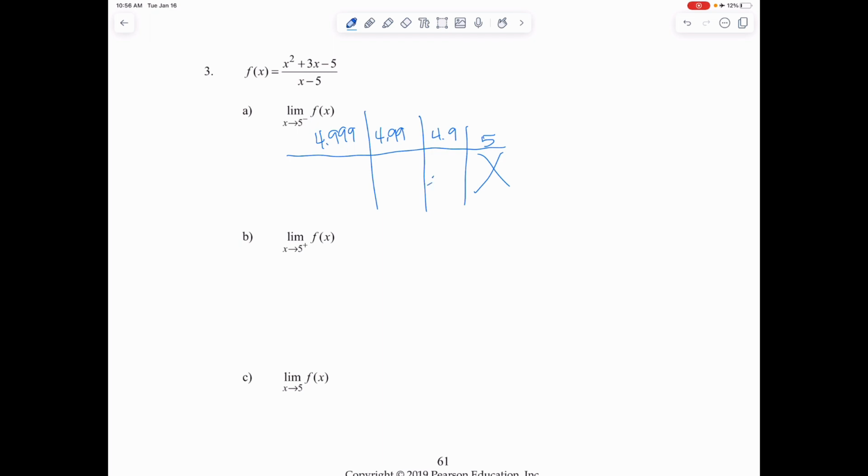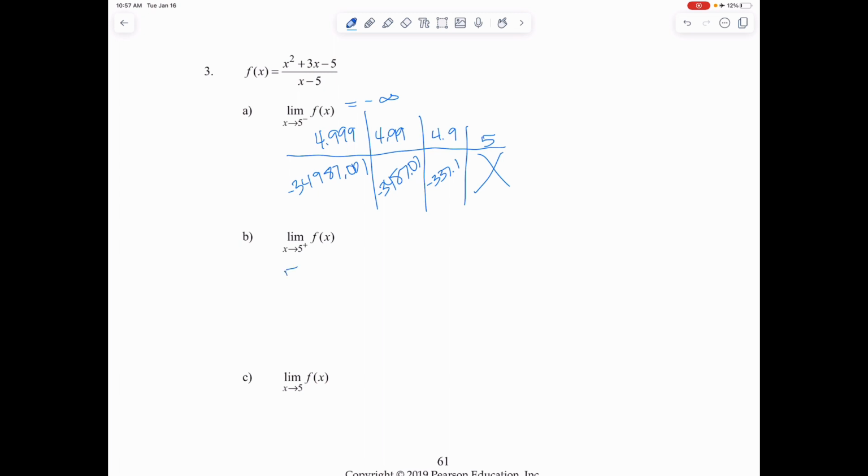Looks like negative 337.1. 4.99 gives negative 3,487.01. 4.999 gives negative 34,987.001. So this is going to negative infinity.